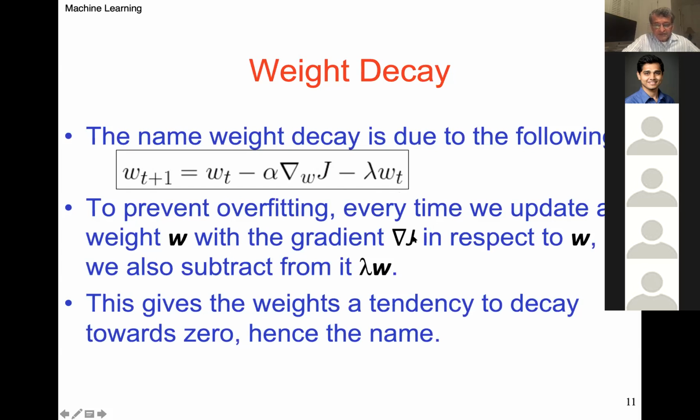To prevent overfitting, every time we update weight W with the gradient, nabla J with respect to W, we also subtract from it lambda W. This gives the weights a tendency to decay towards zero, and hence the name. So that regularization we know, so it's nothing new about this. Some form of it is here.